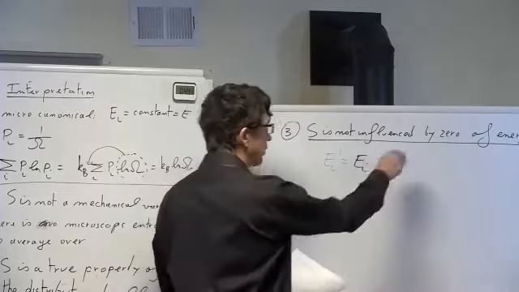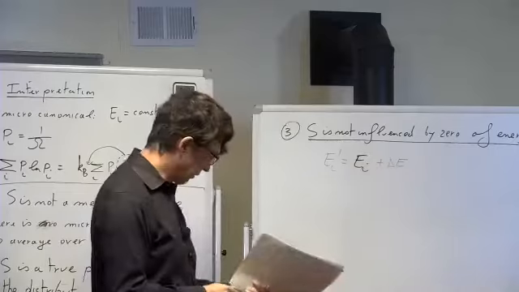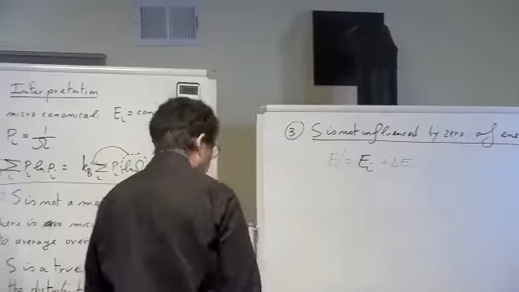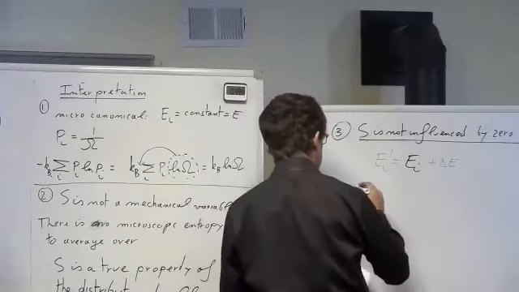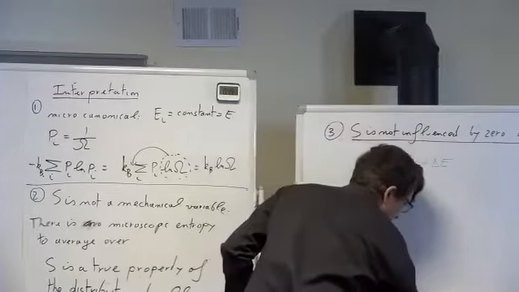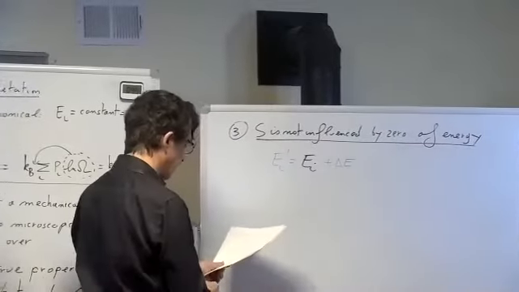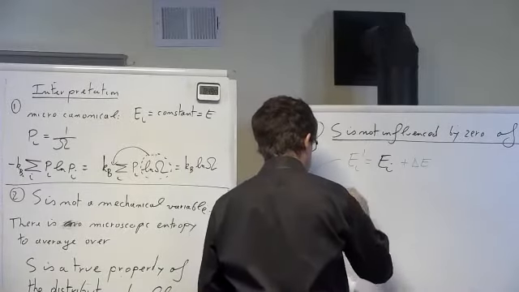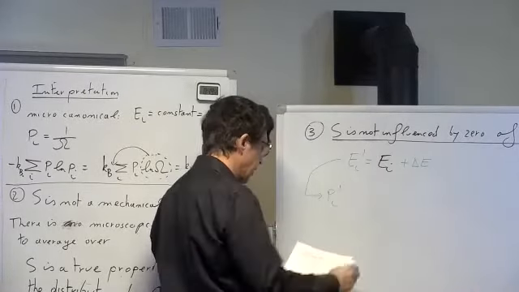So the delta E is a constant. I'm shifting all the energy levels in the same way. So what happens now to the probability? So let me calculate the probabilities with the shifted energy scale. So let me calculate P_i prime.